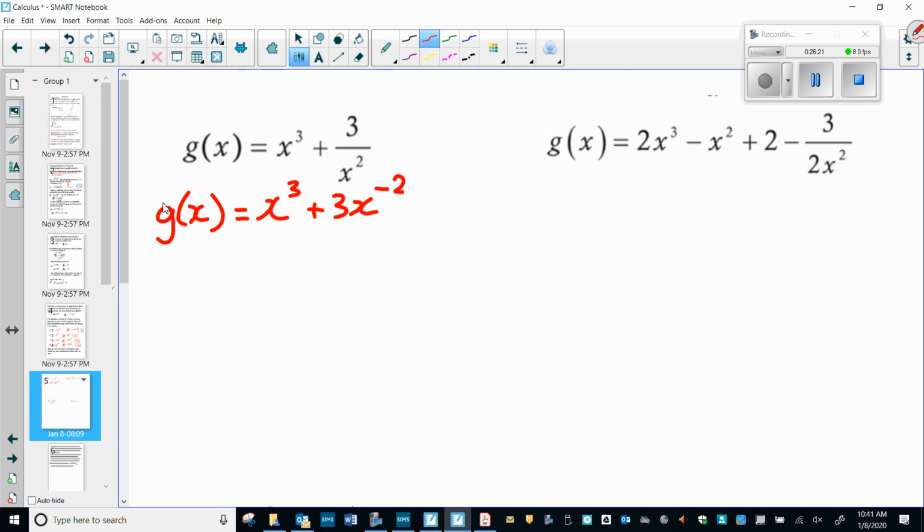So it was g(x), so to show I'm differentiating, I'm going to write g dash x. Jodie, what's my first term going to be? Nice, thank you.